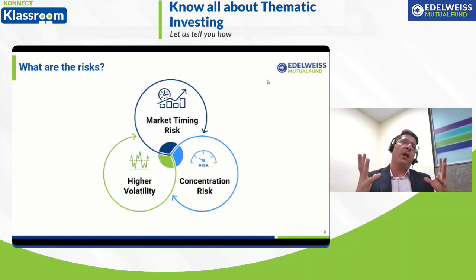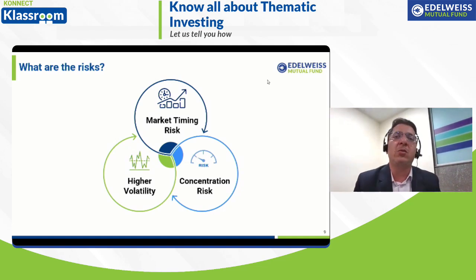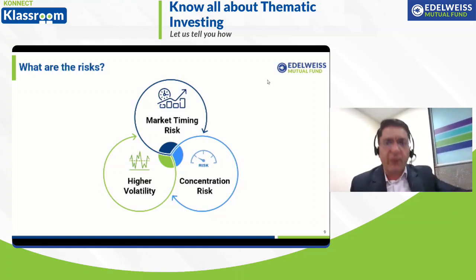So, A is market timing risk. When you invest into these schemes, you need to really believe that the time of this theme has arrived and it is going to perform, right? Because that's when you enter this and the rally happens after that. It works. So there has to be a lot of research.